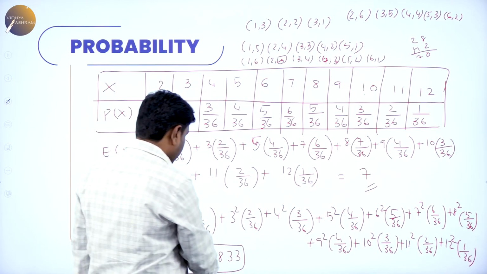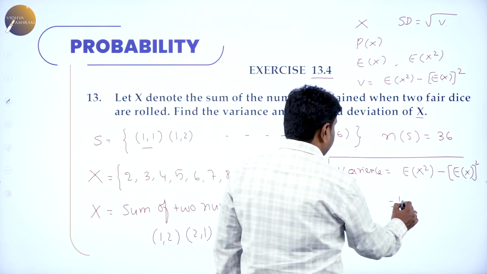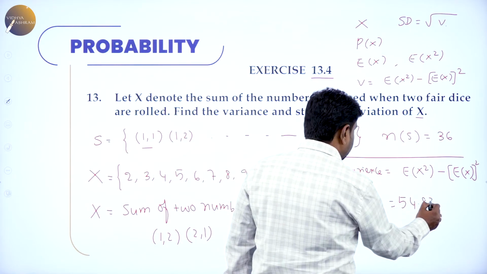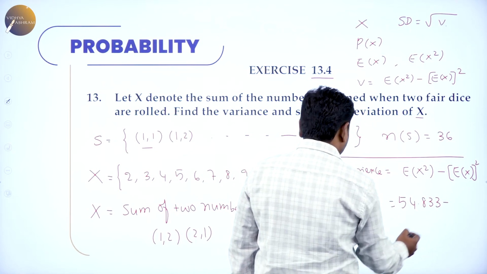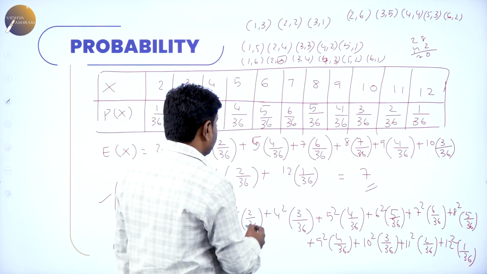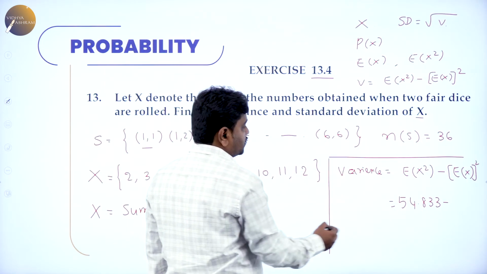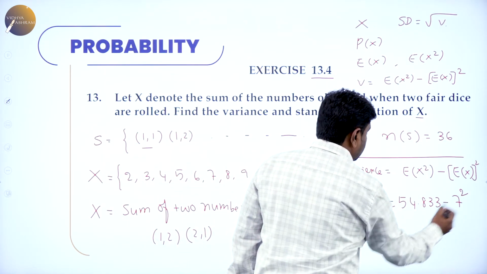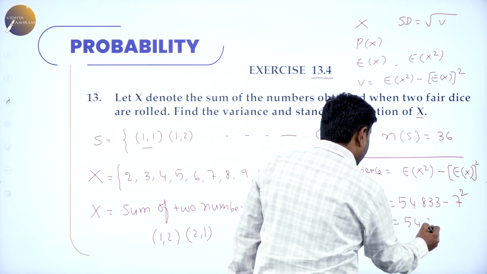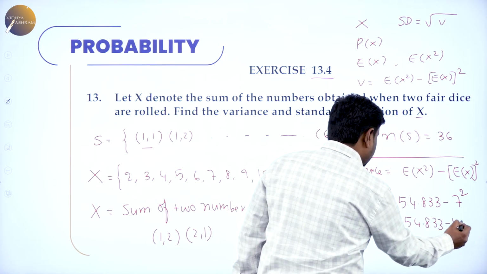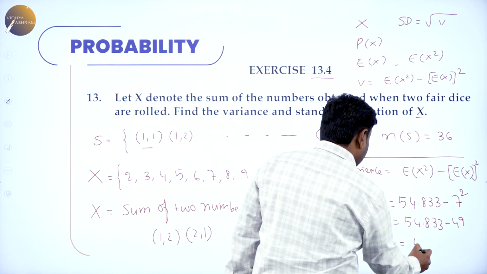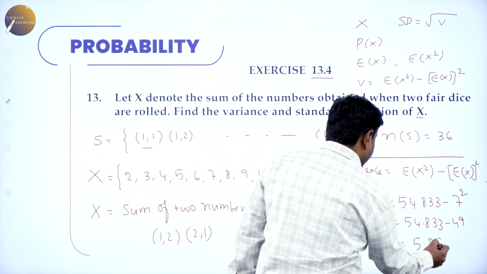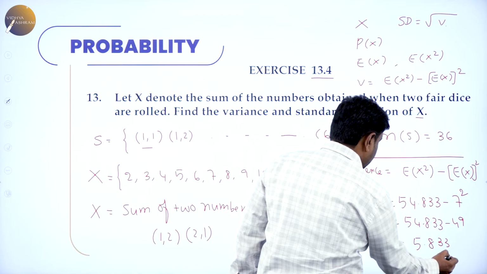What is E of x square? 54.833. 54.833 minus E of x the whole square. The mean value you got is 7. 7 square is what? 49. So 54.833 minus 49, if you do, you will get 5.833.